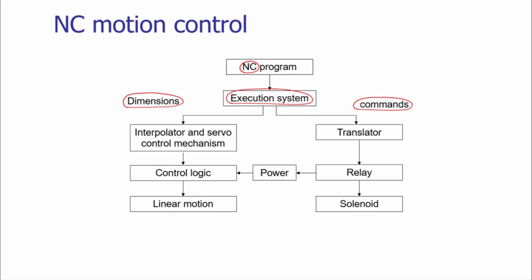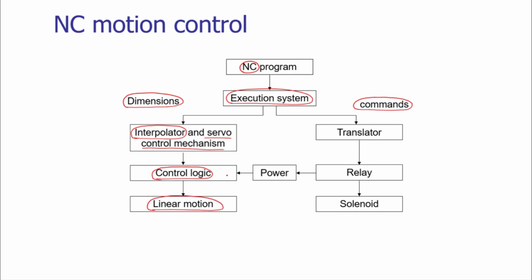So based upon the detection of various dimensions and positions given inside the NC program, the interpolator will compute the distances, and those signals will be given to the servo control based mechanisms. Servo control based mechanisms are basically used as closed loop control systems. The servo control mechanism utilizes the control logic, and then generates the linear motions of the drive.